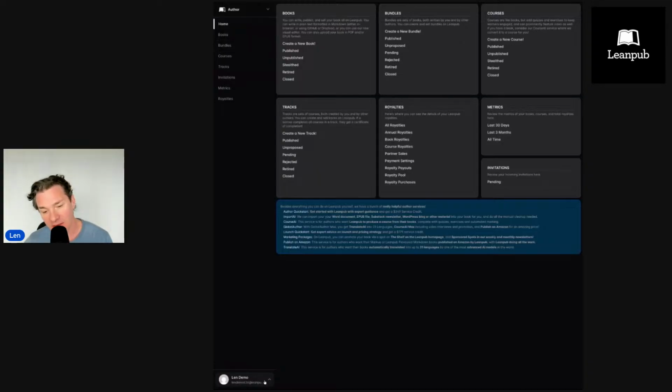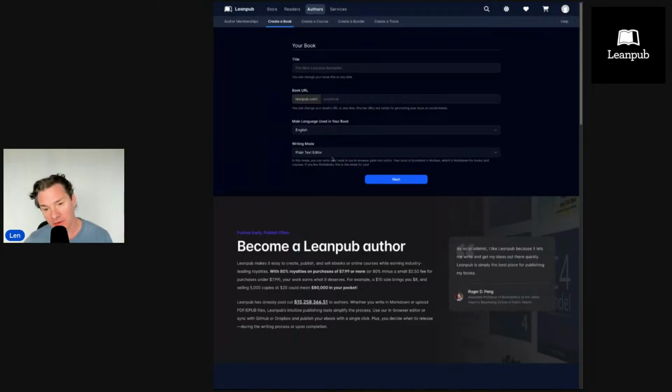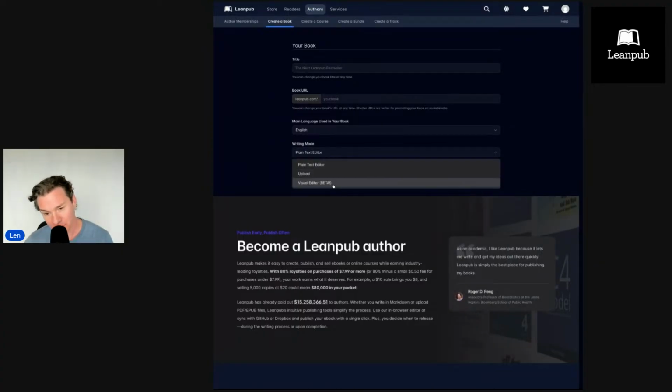Actually, why don't I show you something cool here right now? When you go to create a book, there's this visual editor beta. I'm not going to describe it too much. It's still super beta. But if you want to play around, if you like Leanpub and like learning new things that you can do on our platform, I definitely recommend checking out the visual editor beta.